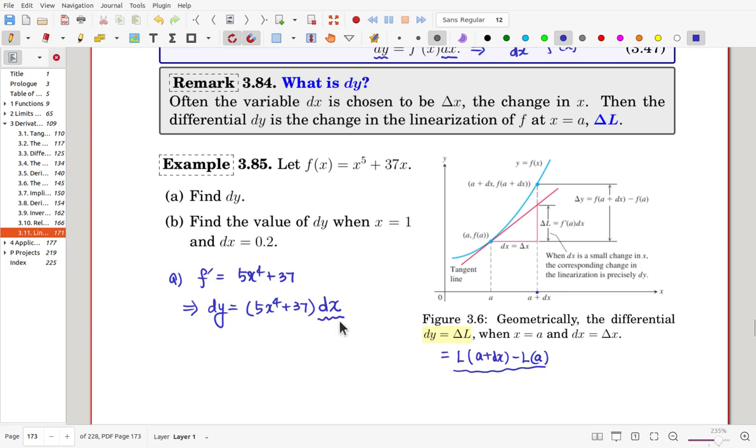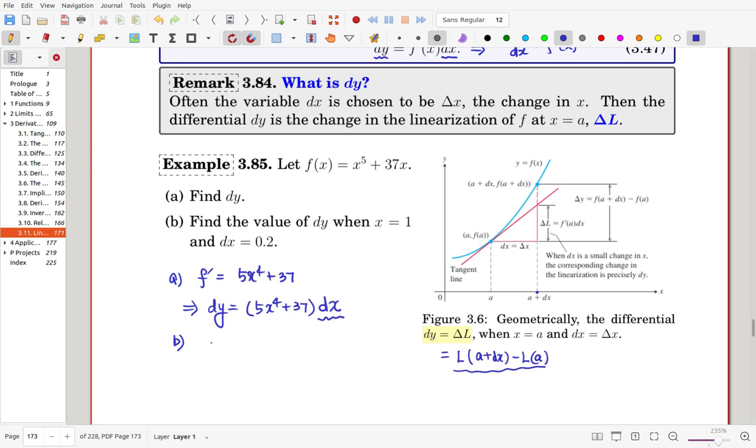So given a change in x, along with that ratio, you can find the change in y. That's the meaning of differentials here. Okay, we found that. And part B, now we have to find the value of dy when x is 1 and dx is 0.2. The x value and dx are given, then we can find the dy.